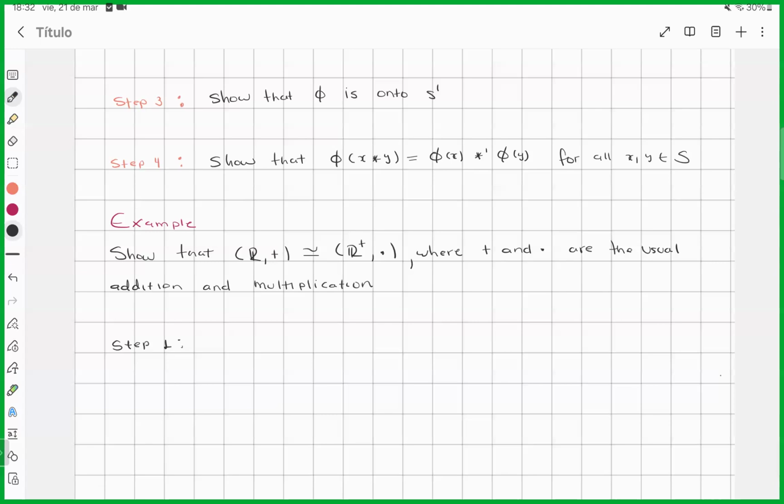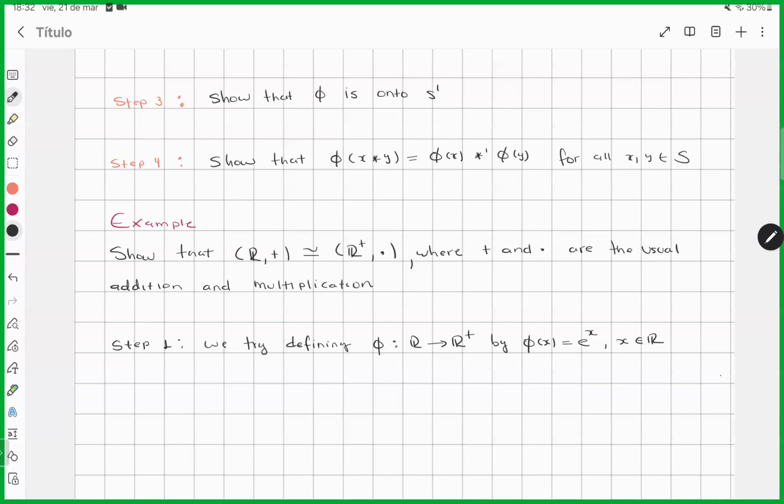So we can try defining phi from the set of real numbers to the set of positive real numbers by the following rule. Phi of x is equal to e to the x, with x a real number.